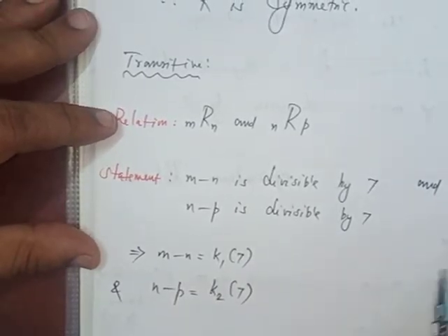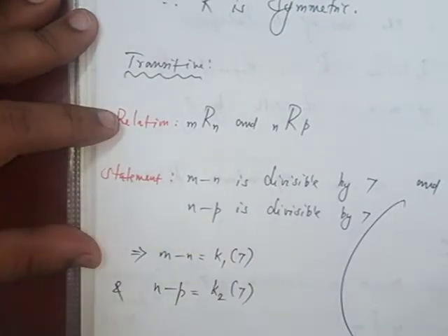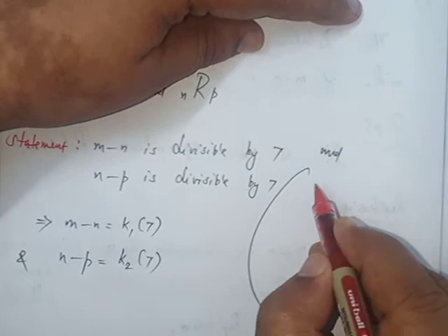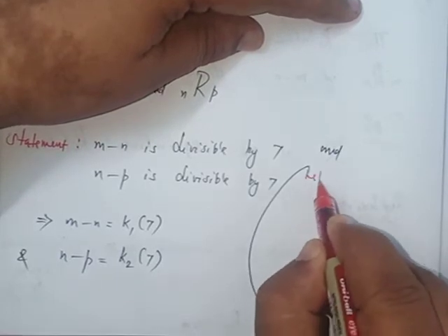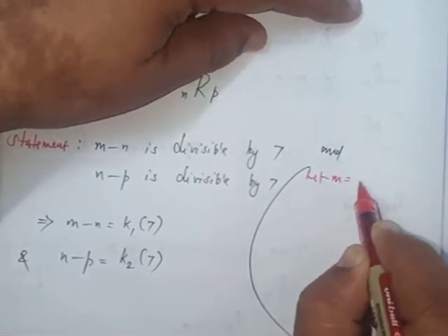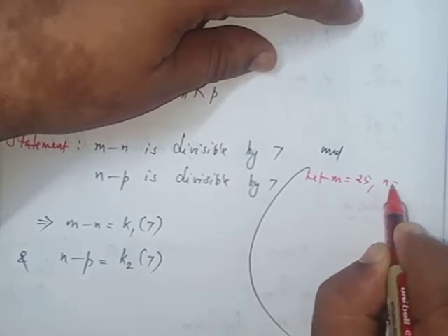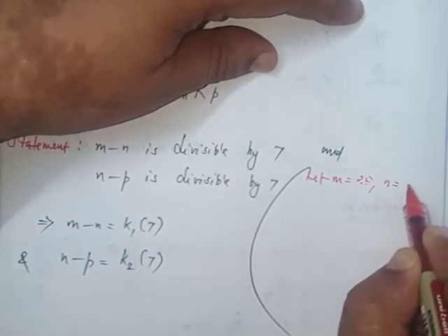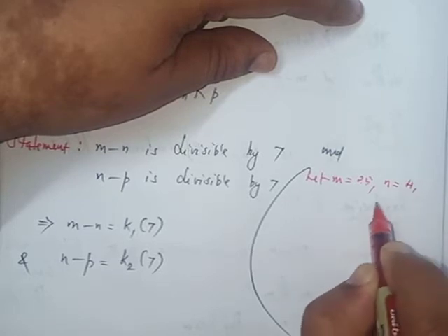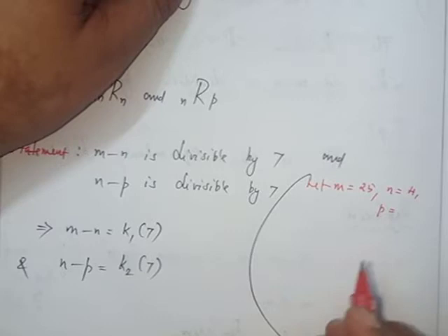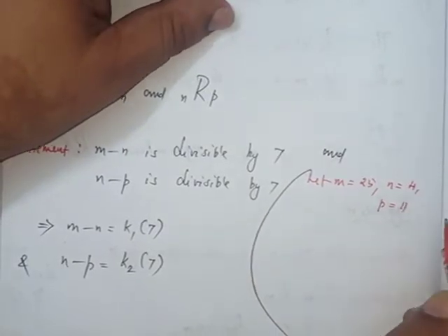I give an example. I take m equal to 25, n equal to 4, p equal to 11.